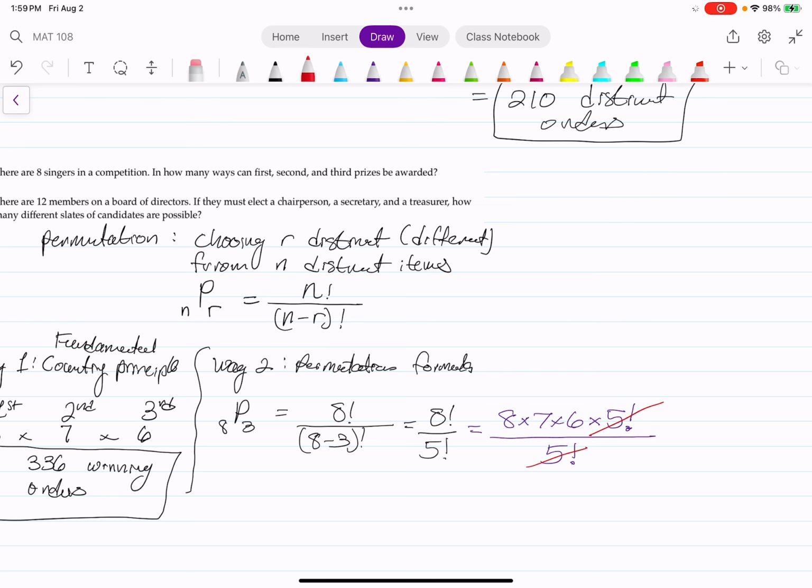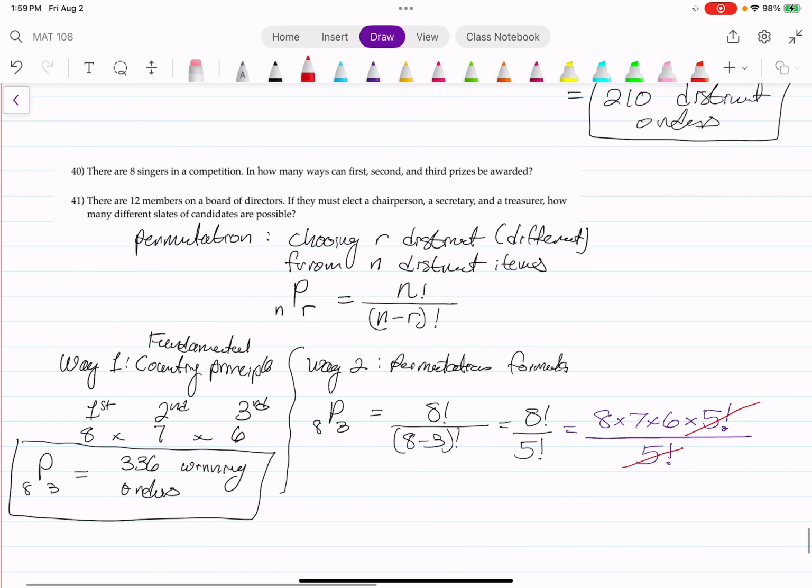So what are we left with? We're left with 8 times 7 times 6. So the permutation of 8 choose 3 is 8 times 7 times 6, which also equals 336 winning orders.